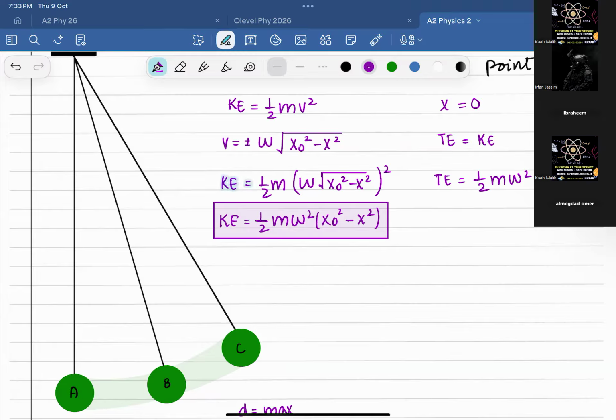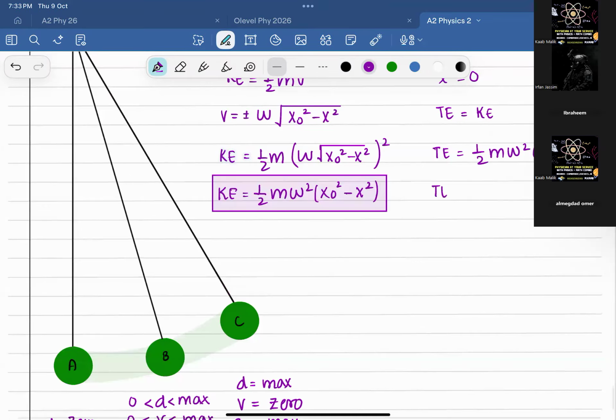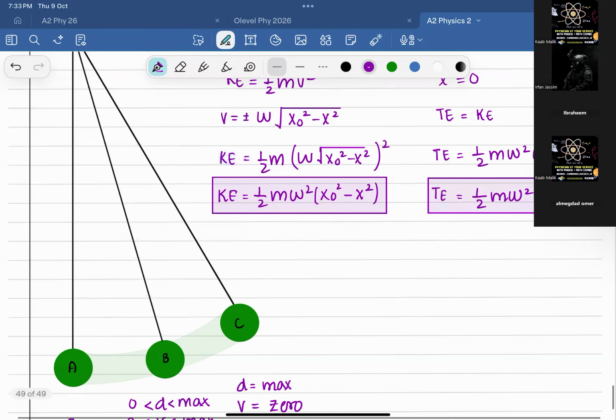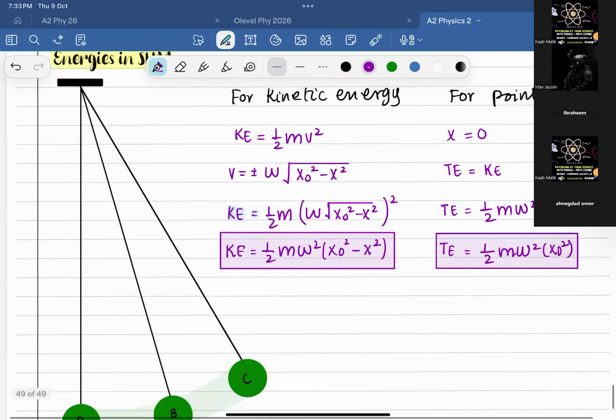Because we know that the displacement is 0 at that position, okay. So the total energy is going to be half m omega squared x naught squared, okay. So this is the formula that is going to be useful for the total energy, okay.